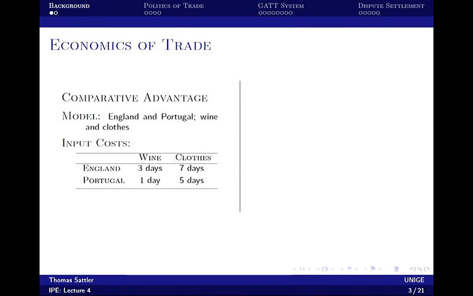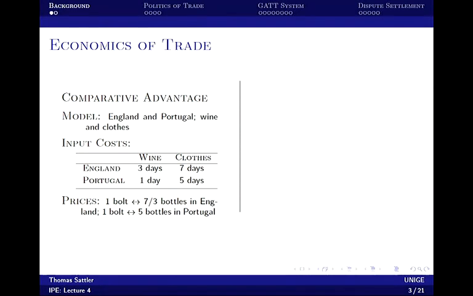But in England, it's different. It takes 7/3 of the time to produce a bolt of clothes relative to producing a bottle of wine. So these are the prices. For 1 bolt of clothes in England, you get 2 1/3 bottles of wine, and for 1 bolt of clothes, you get 5 bottles of wine in Portugal, right?